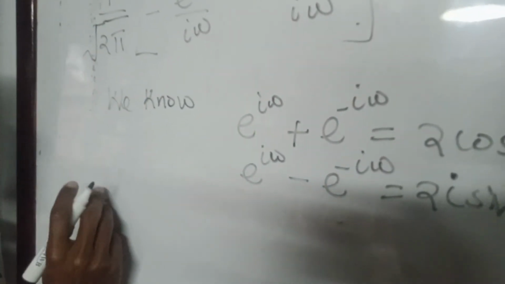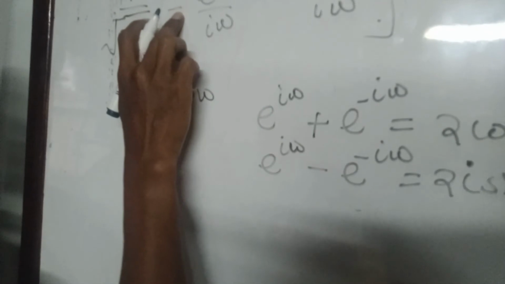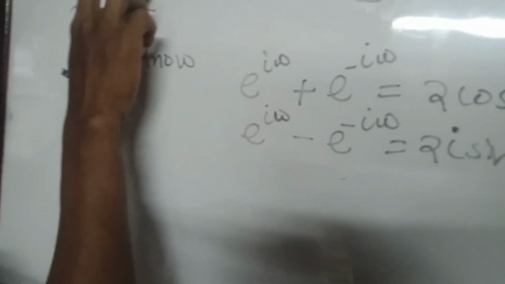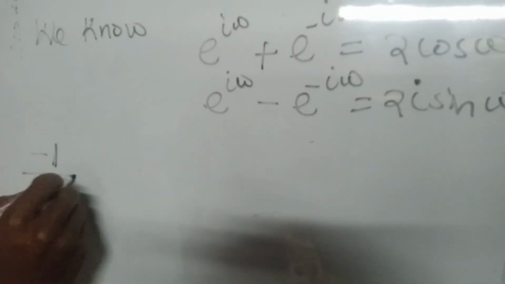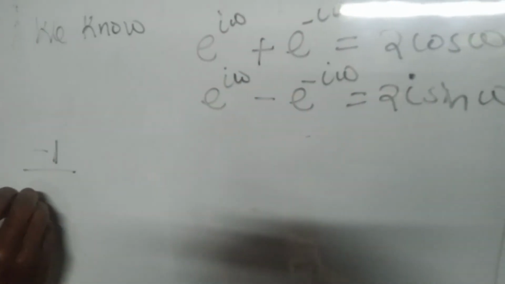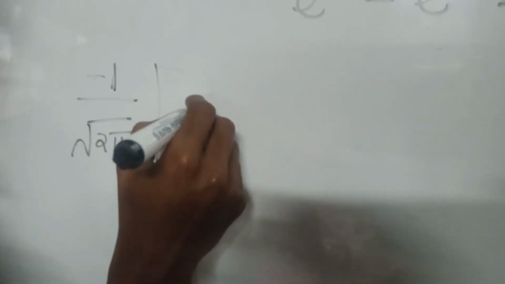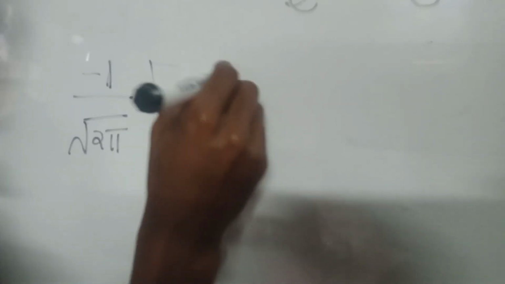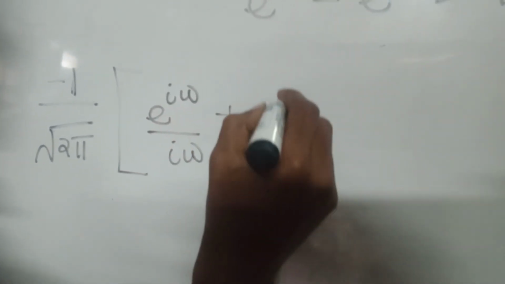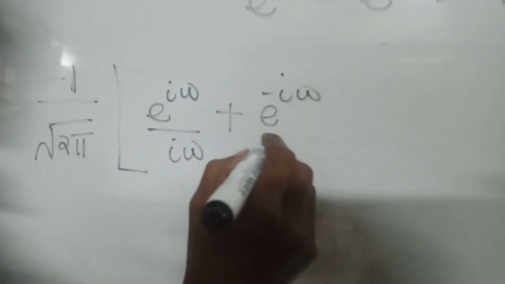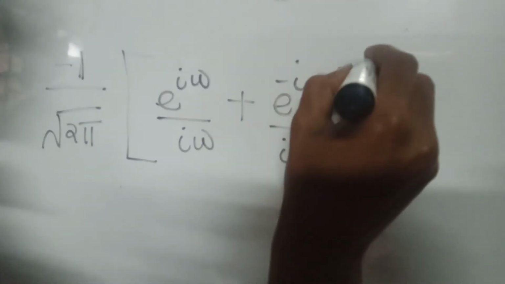So we come and write down here, we need to remove this negative outside the bracket. So when we remove this negative, this becomes positive. So negative 1 over square root of 2 pi, you multiply by e to the i omega over i omega plus e to the minus i omega over i omega.